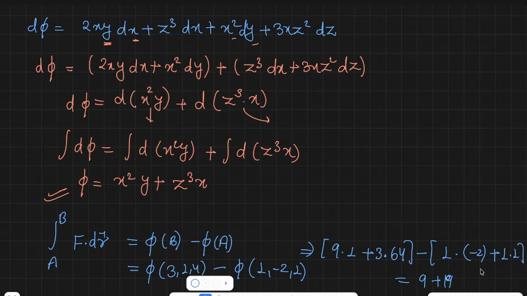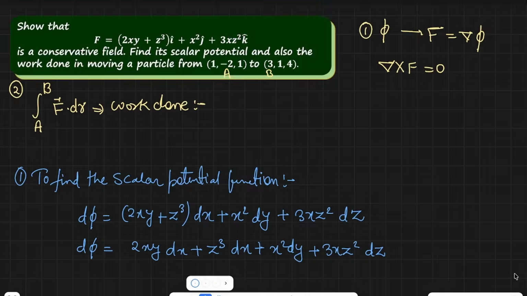Okay, wait. This is basically 9 plus 192 minus, this is basically minus 2 plus 1, and that is again nothing but 202. So this is your final answer for this. This is how you can solve the work done using the conservative concept using phi.